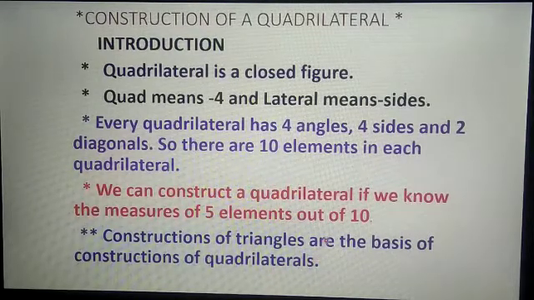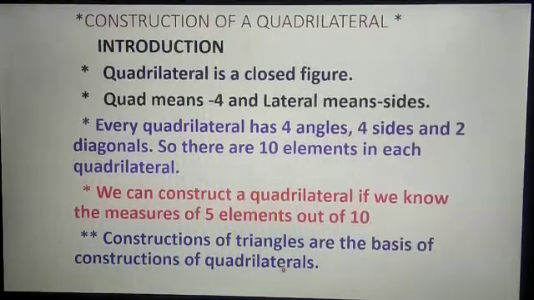Here we will construct a quadrilateral where the lengths of 4 sides and a diagonal are given. That is the first construction. Now we will do it in the next slide.